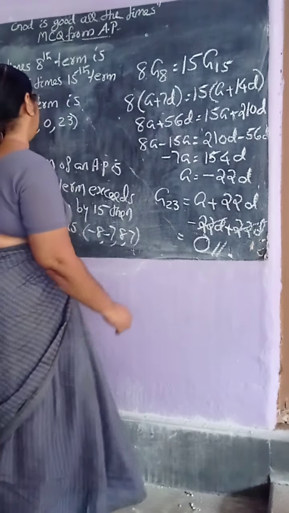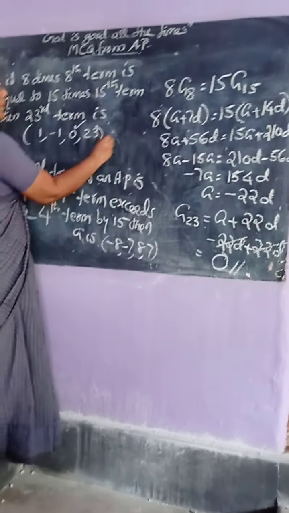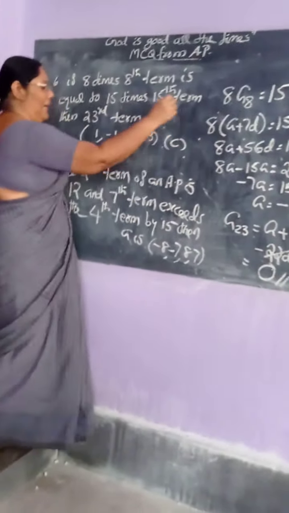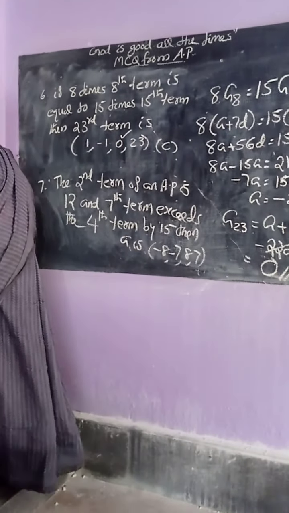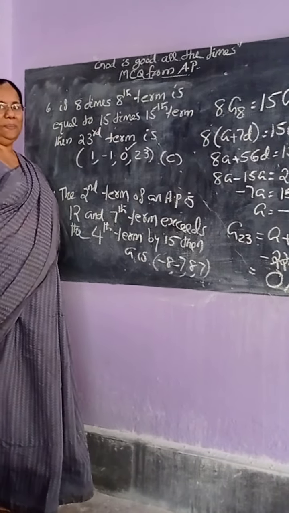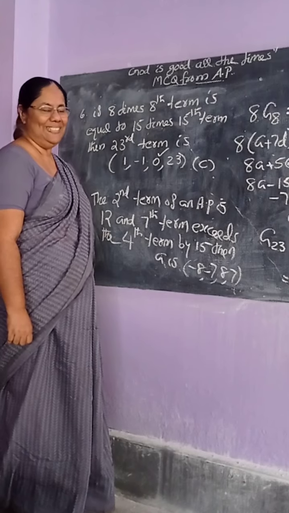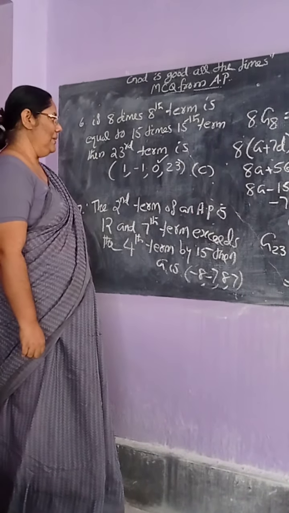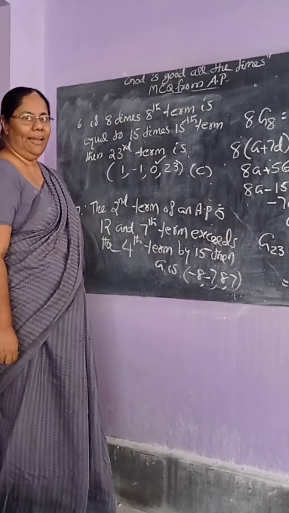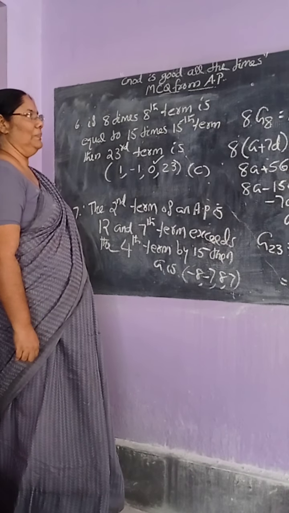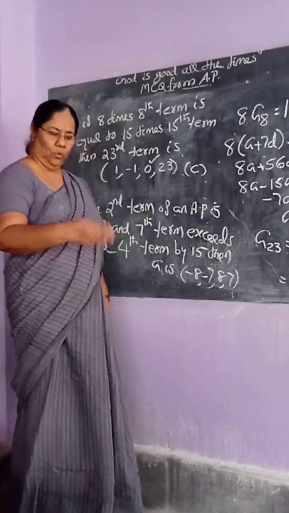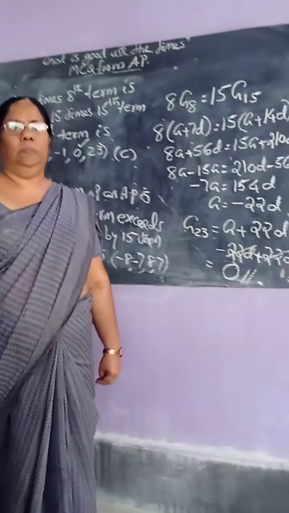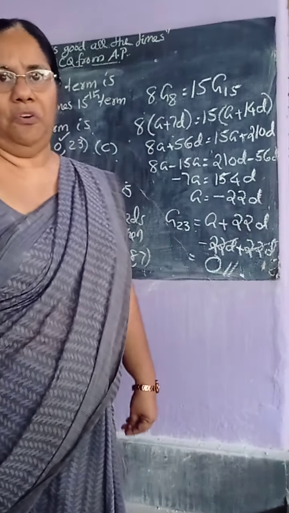Therefore, the answer is 0. That is, the option is C. Very interesting, isn't it? Follow the steps. C is the final answer. Write these questions 2 or 3 times. Then it will be easy for you.